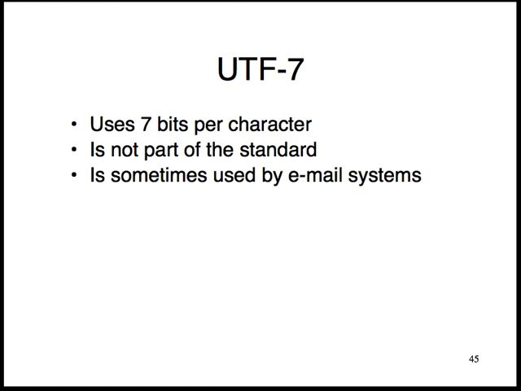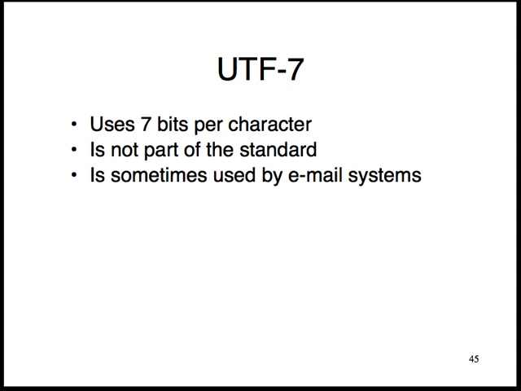One way you can save text is UTF-7. And that's basically 7 bits per character. Now, that's not actually part of Unicode at all. So this isn't one of the ways you can save Unicode. But it is worth a mention because we often see it used in email systems.